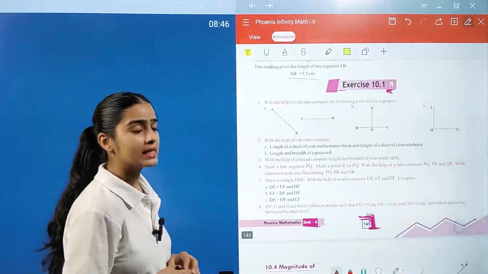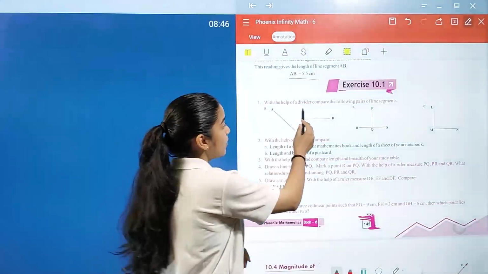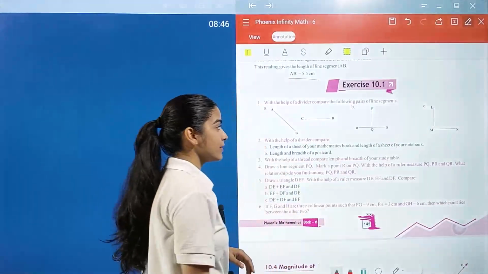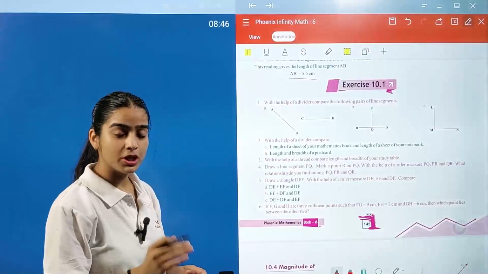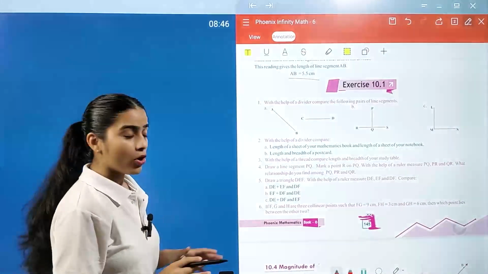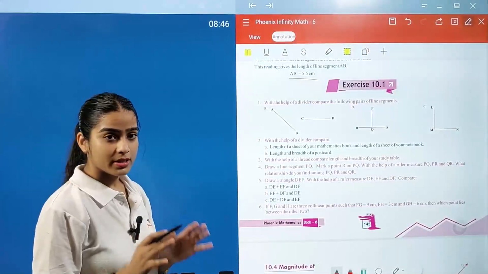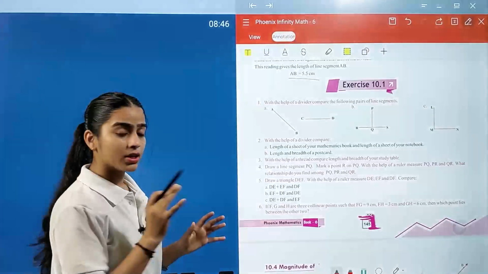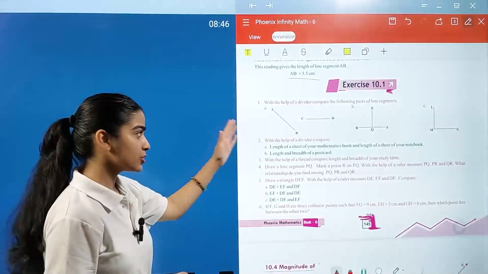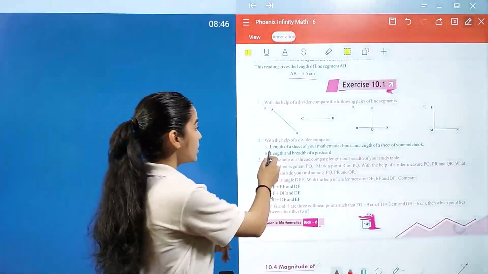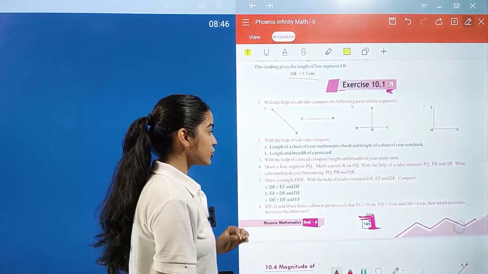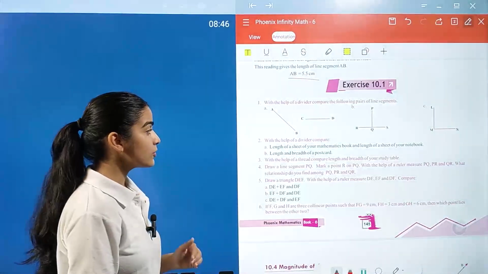Now we have our exercise 10.1. With the help of a divider, compare the following pairs of line segments. I already explained each step about measurement, so you can simply use your divider, measure this length and write your answer. With the help of a divider, compare the length of a sheet of your mathematics book and the length of a sheet of your notebook.